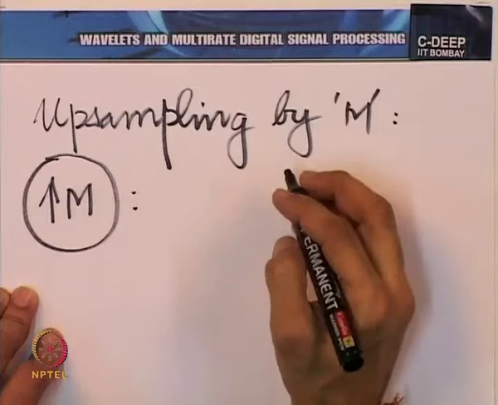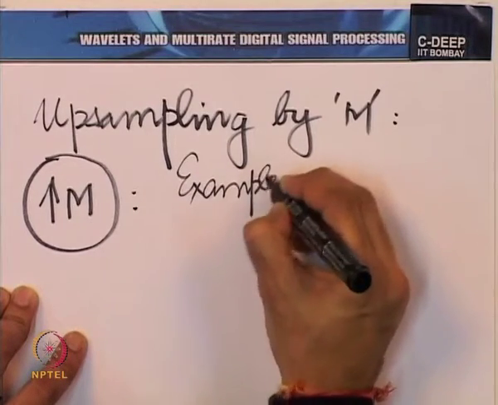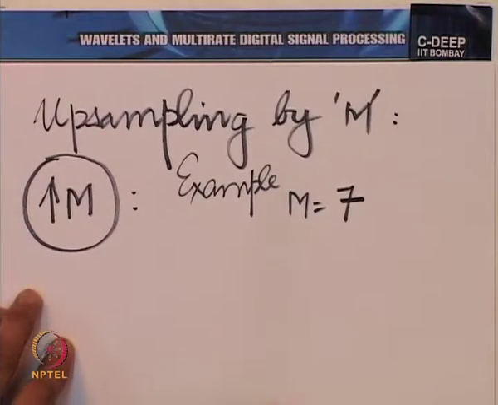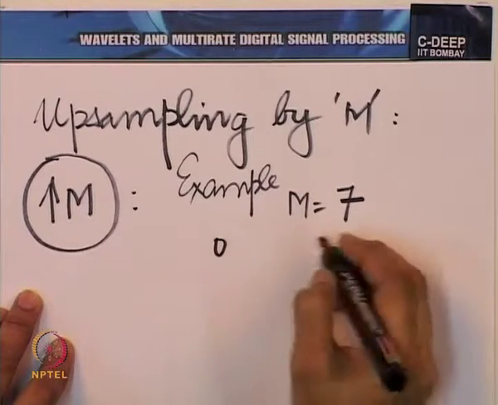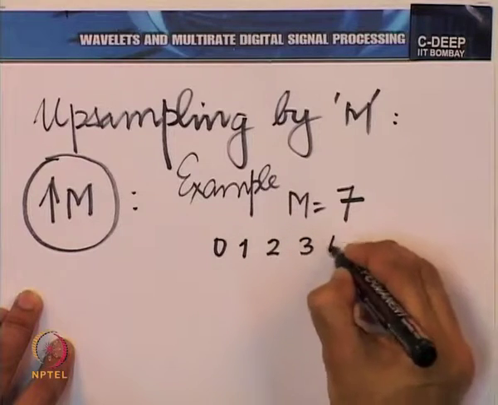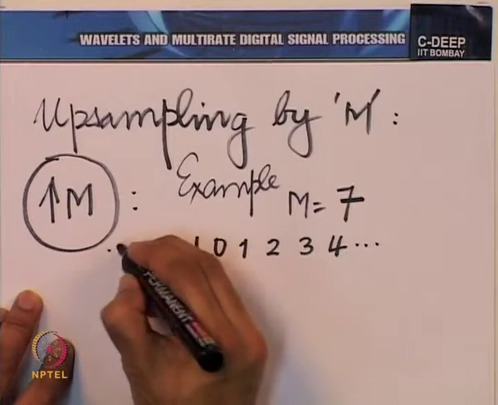And once again, for variety, let us take the example of m equal to 7. So, you have this sequence with indices 0, 1, 2, 3, 4 and so on and so forth, and minus 1, minus 2, minus 3 and so on.